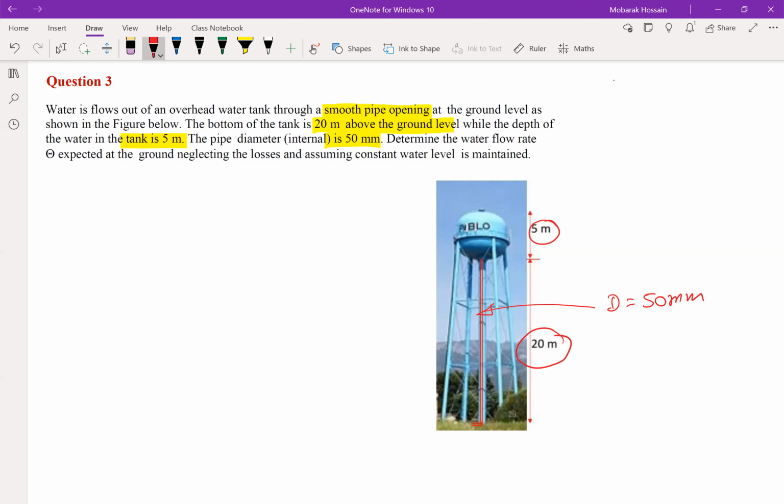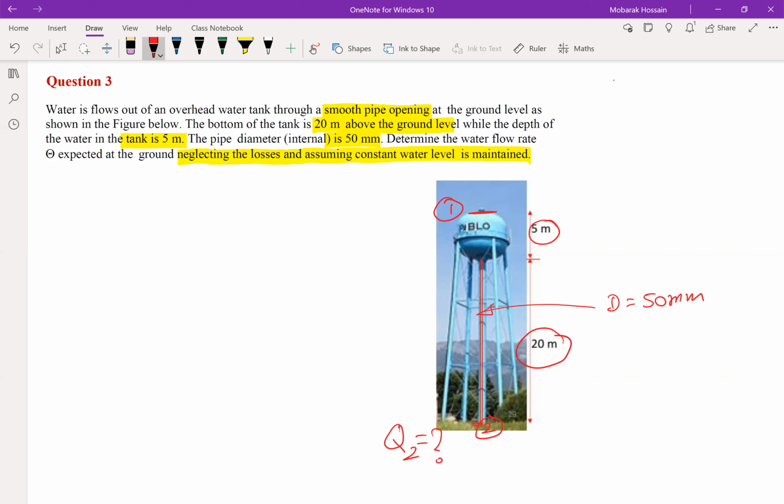So we need to find out the water flow rate, say Q, at the ground level. If I number the top water level as location 1 and this one as 2, we need to find out how much the water flow rate is at location 2, and there are some conditions given: neglecting the loss and assuming constant water level is maintained.